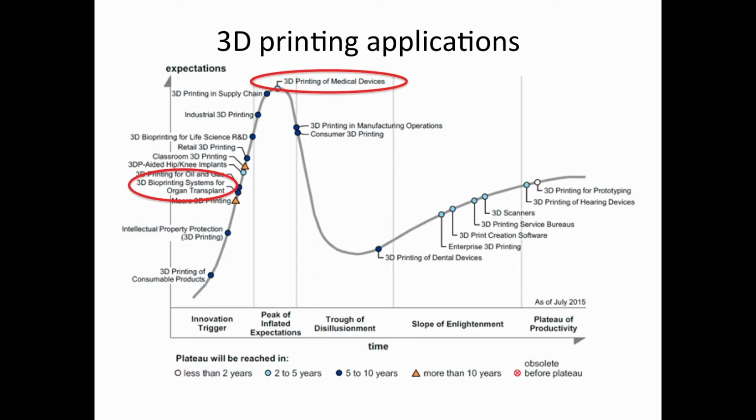But let's come back to 3D printing applications. This is the hype cycle applied only to 3D printing applications in medicine, and you can see the different parts of the curve. The first part is the innovation trigger.